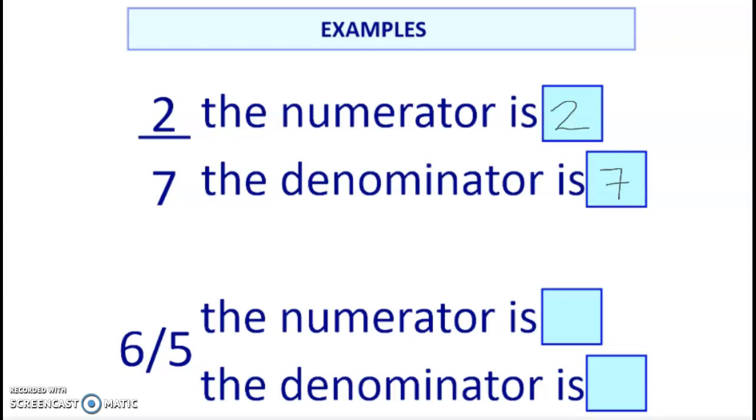Rather than being a number on the top and the bottom, it's a number first and second. It still shows me in this example that I have the fraction 6/5. So my numerator, the number on the top of the fraction, is the one that comes first, is the number 6. And the denominator, the number on the bottom of the fraction, is the one that comes second, and that is the number 5.